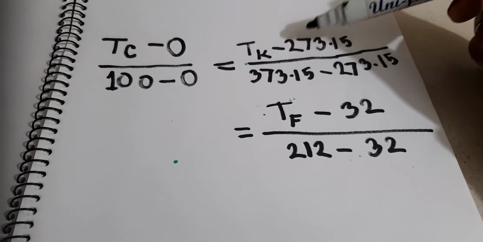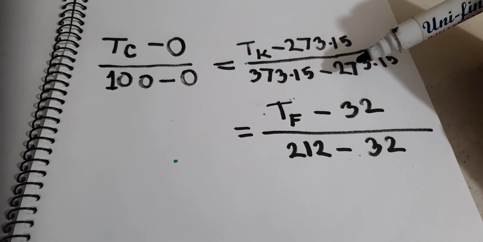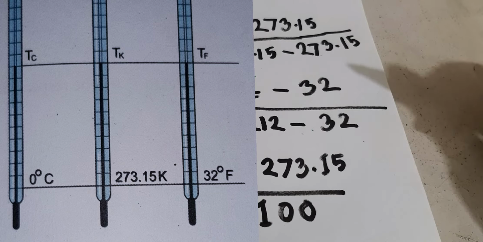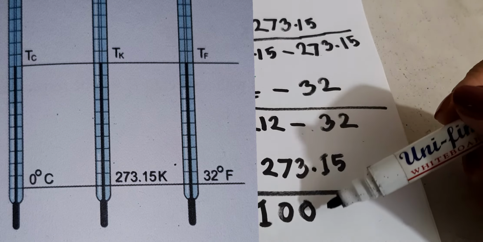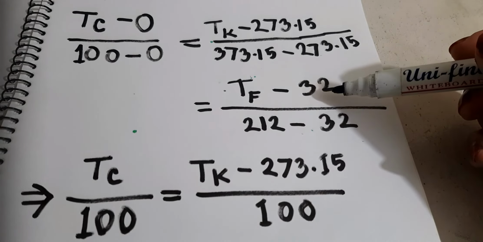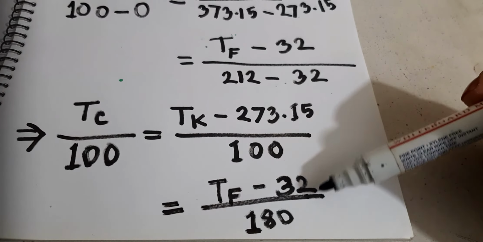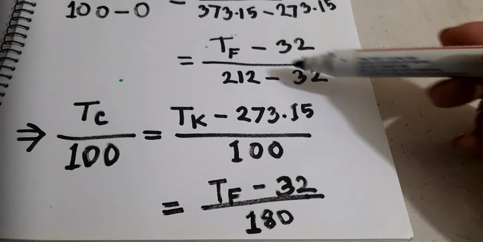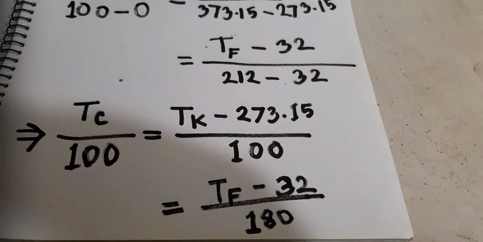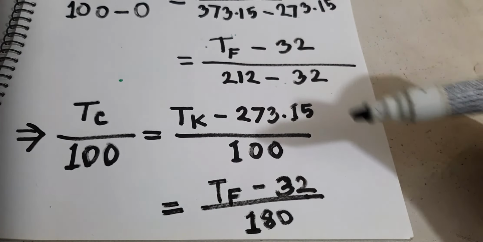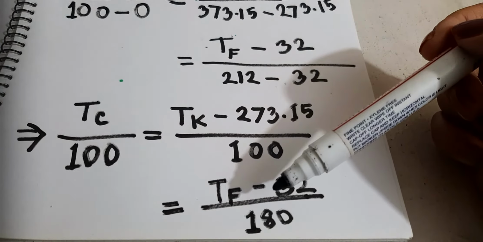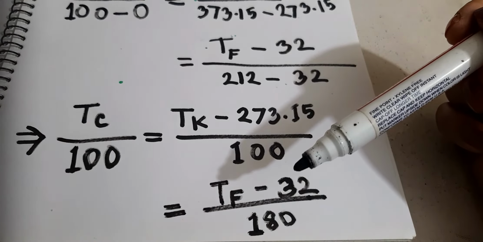And if I subtract here, it will be 100. How about this one? It will be Fahrenheit minus 32, and here it is 180 if I subtract. So this is the relation between Celsius, Kelvin, and Fahrenheit.